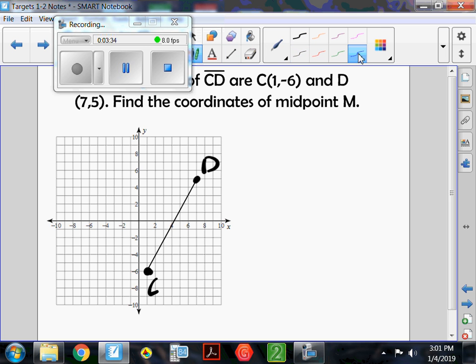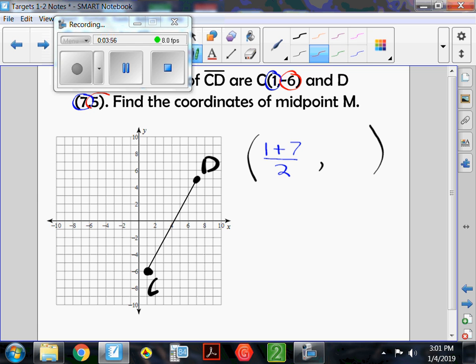And so if I use the idea for the midpoint formula, writing it as a point, so I have this big parentheses with some space to do some work, I'm going to take the x values, 1 plus 7, and divide by 2. So both x's added together divided by 2, because that gives me the average of the x's.